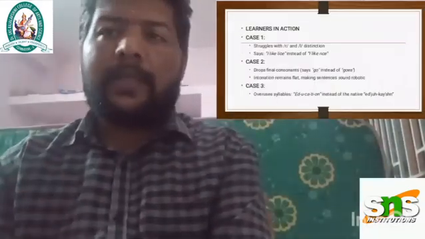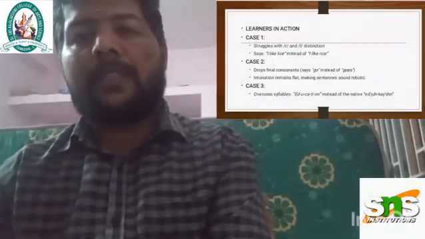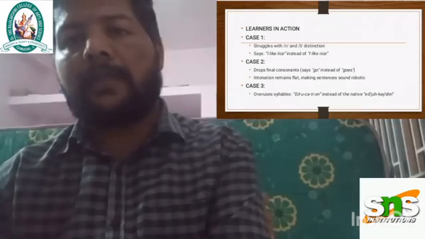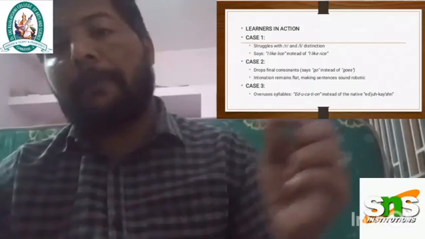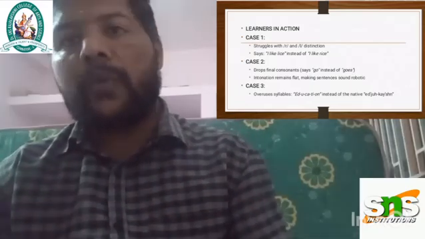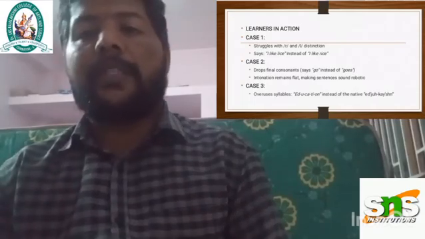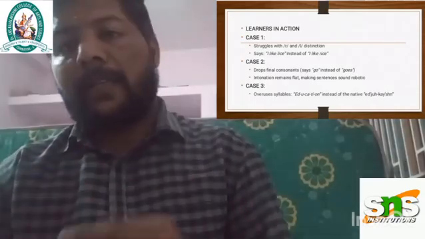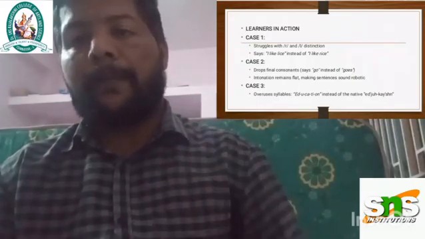Part two is learners in action. It doesn't come only from certain speakers; when we go to different speakers, for Chinese people, in a language like Mandarin, they don't have the sound r. So they make a mistake while pronouncing words like rice and rat, and instead of r they pronounce the sound l.